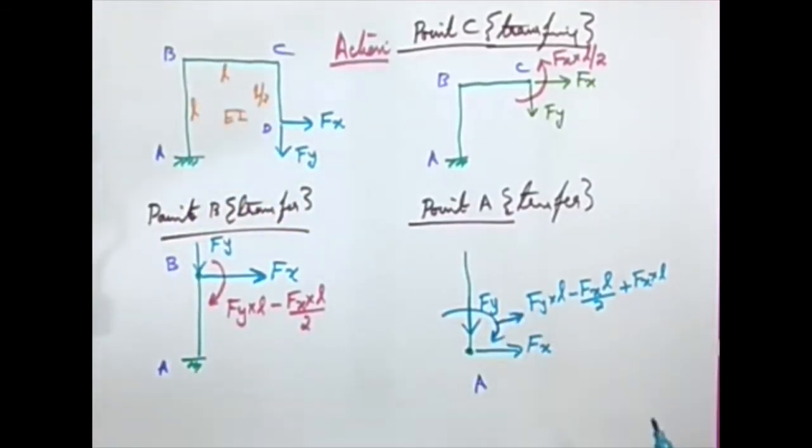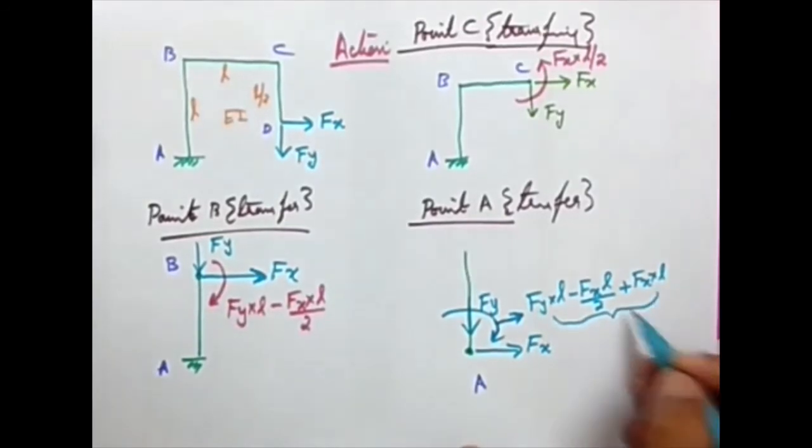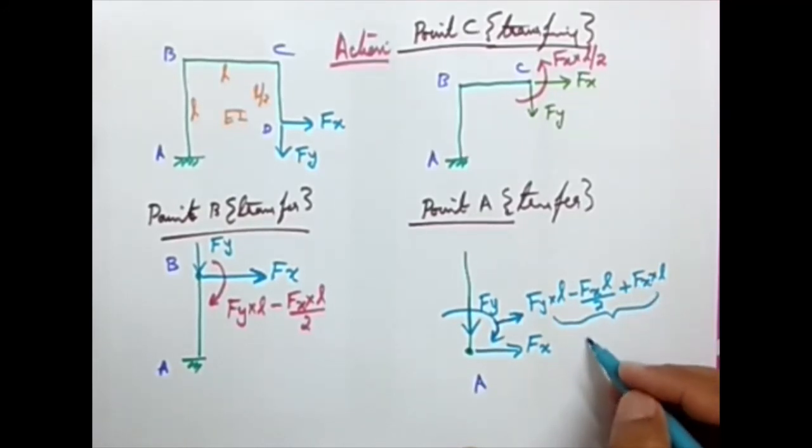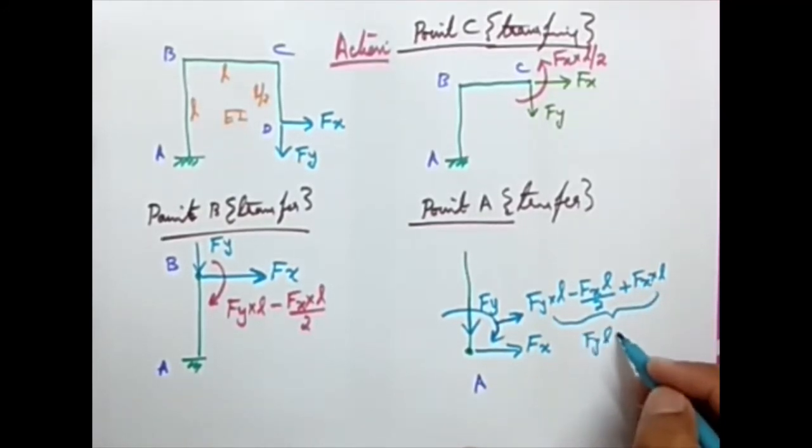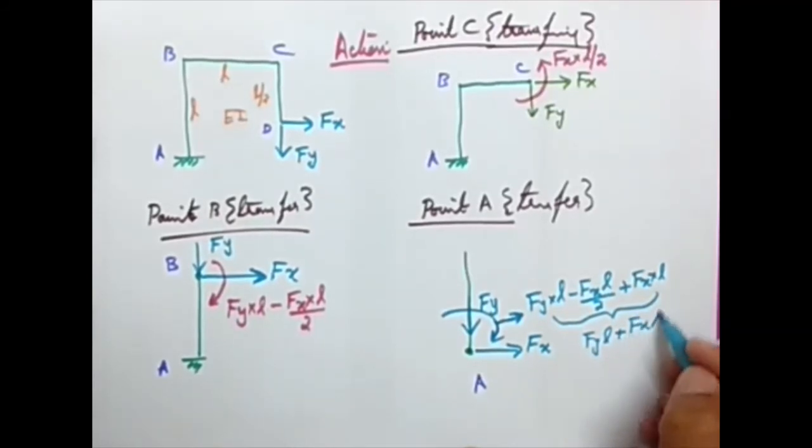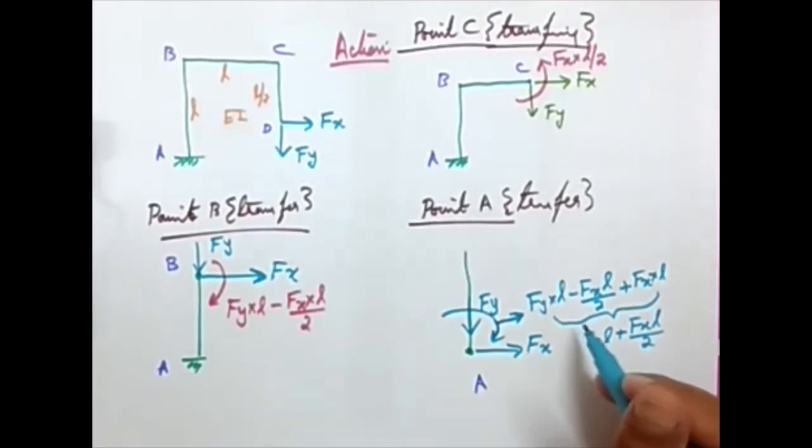So these are basically my action values. This is minus FxL by 2, this is plus FxL, so this becomes FxL by 2 plus FxL by 2. So I am going to get Fy L plus Fx L by 2. That is the action value of the moment.